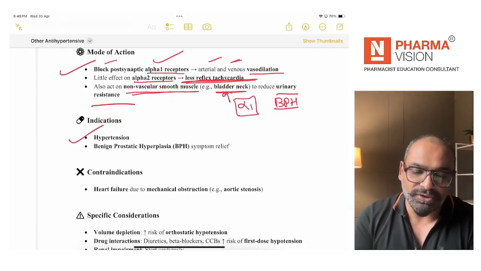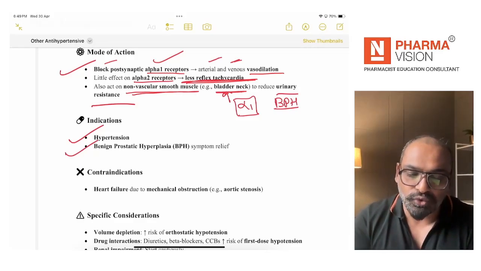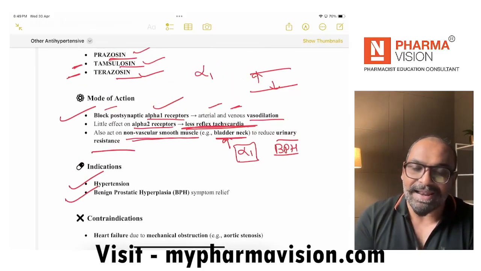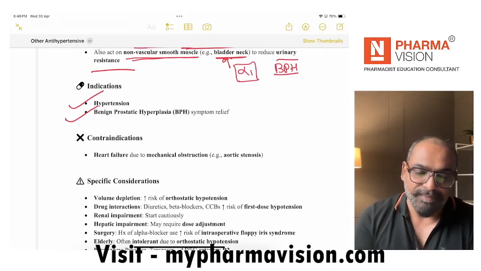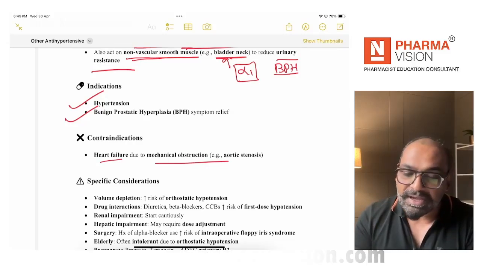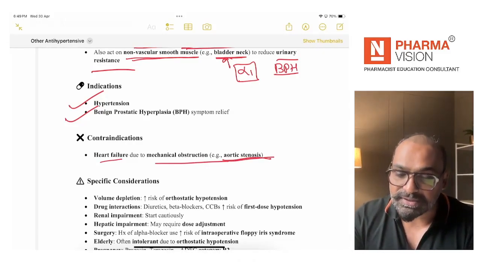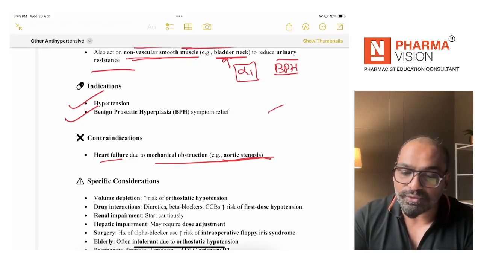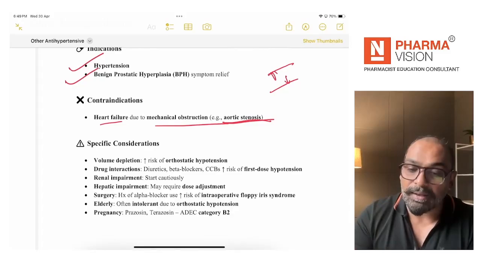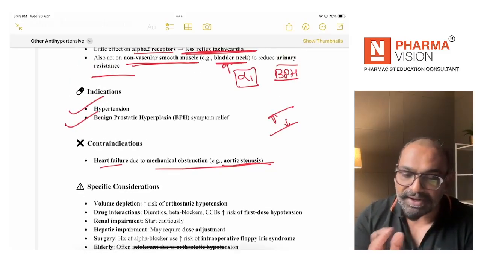Indications: hypertension and BPH. These two different disease conditions are managed with the help of selective alpha blockers. Contraindicated in heart failure due to mechanical obstructions, in that situation aortic stenosis. If we give a medication that causes vasodilation but there is mechanical obstruction, that is very damaging.